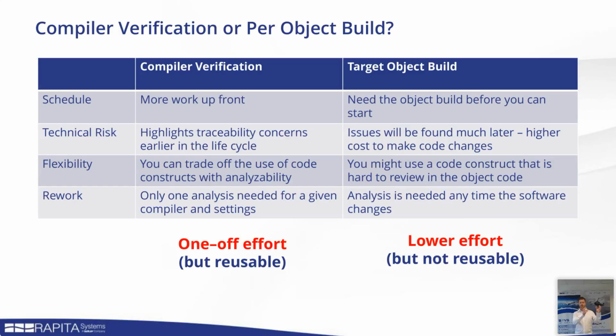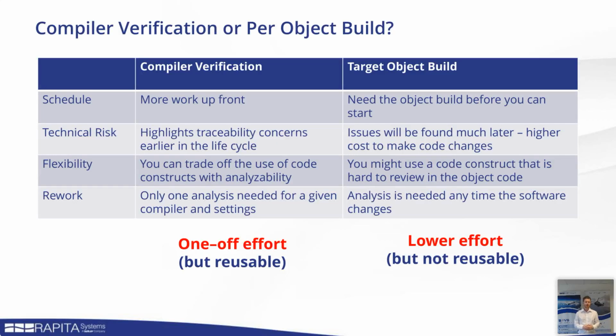It's easier on the compiler verification side because you're dealing with smaller parts. With compiler verification, you take a small fragment of source code, you get a small fragment of object code, and the traceability is very easy. If you've got a long chain of instructions, it can be harder to trace those back to the source code. And we have to repeat that analysis every time we change the code. So it may be a smaller effort for a particular project, but it's not reusable.